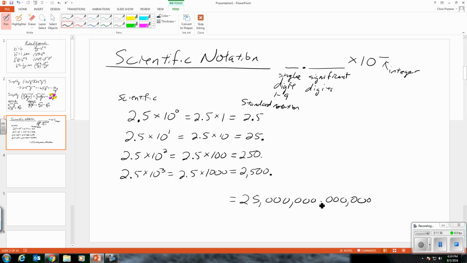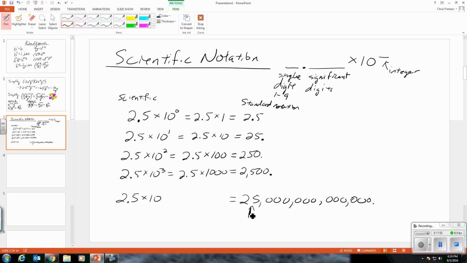So let's say I had this number. What do we have here? 1,000 millions is 25 trillion. And I want to write that in scientific notation. So I'm going to say this is going to be 2.5 times 10. This is where the decimal is initially. I'm going to count how far it has to move so that it ends up right behind the 2.